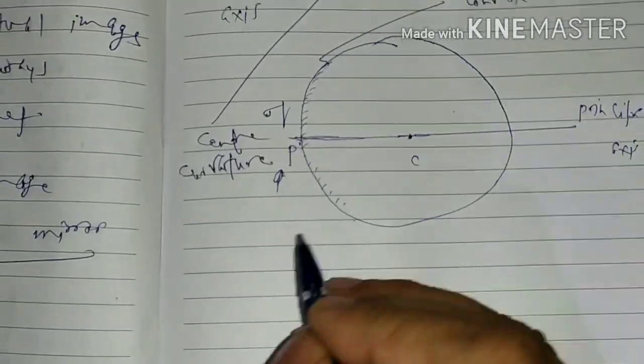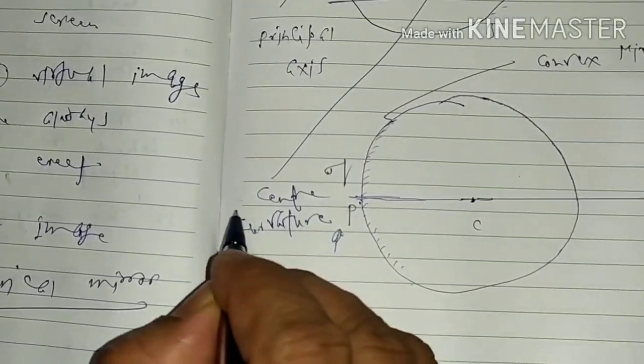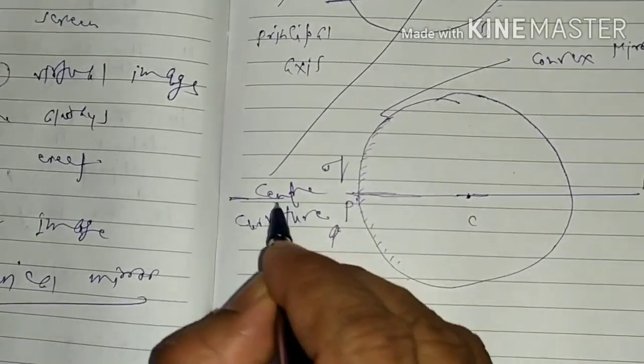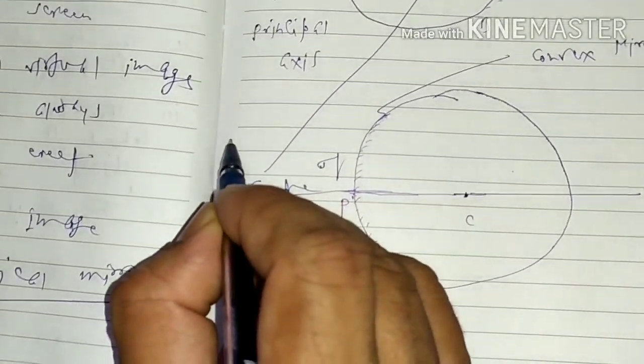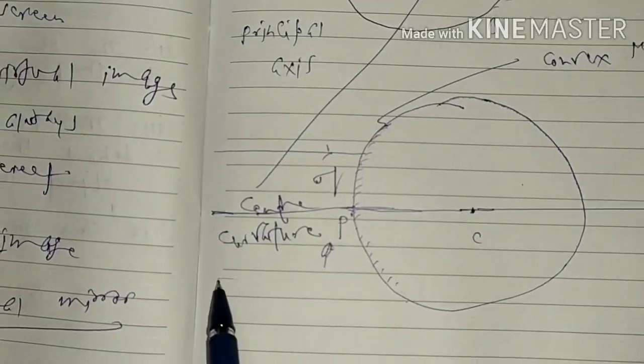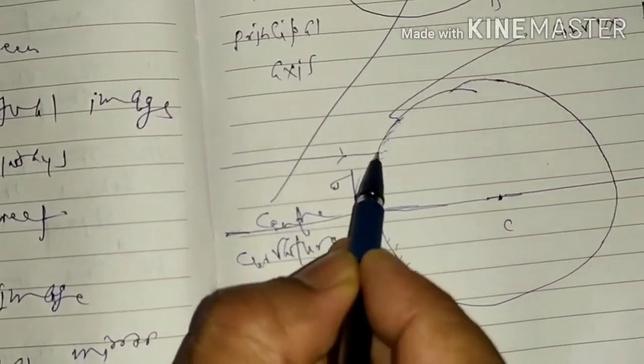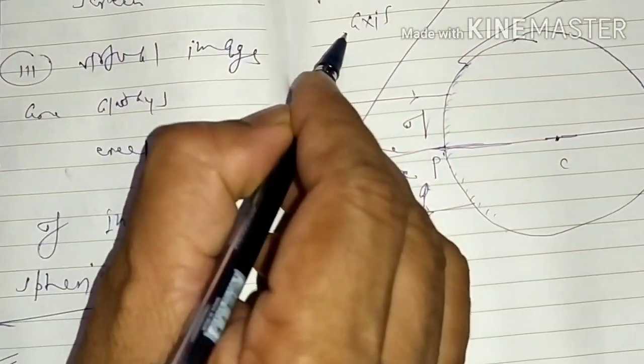But what happens in the case of a convex mirror? In the case of a convex mirror, rays of light parallel to the principal axis after reflection diverge.